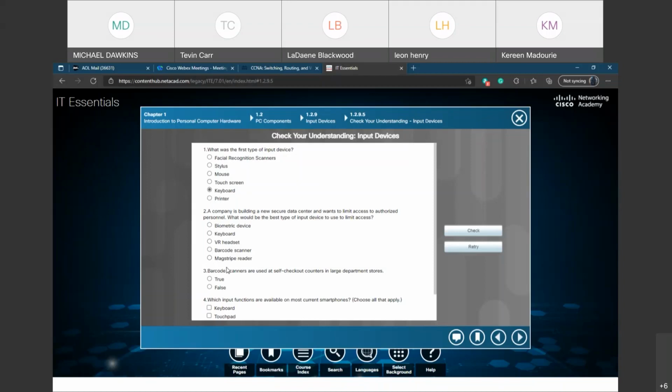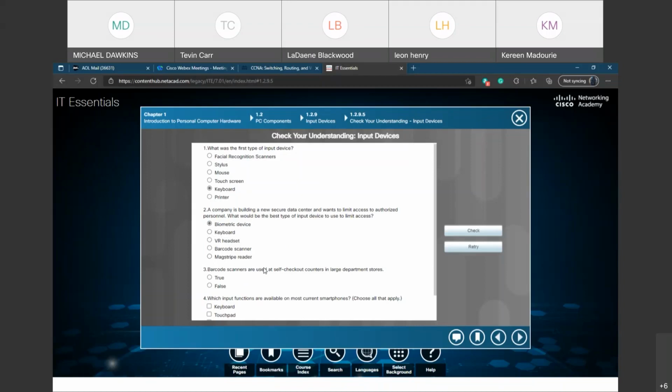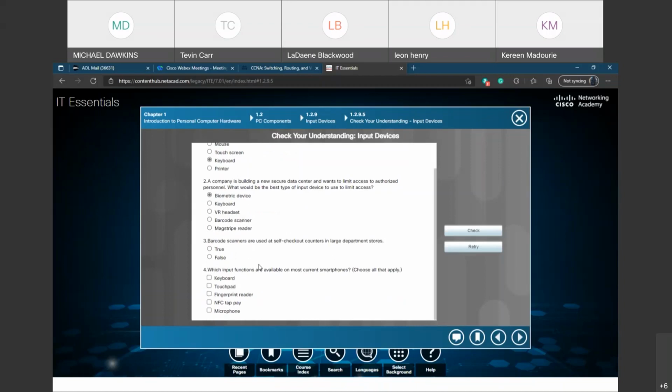All right, I could be wrong. So we're going to select that one. Someone says biometric scan device. Biometric is like a facial scanner, fingerprint, voice recognition, retina scanner. Those are biometrics.